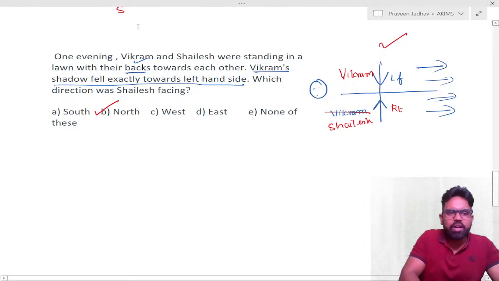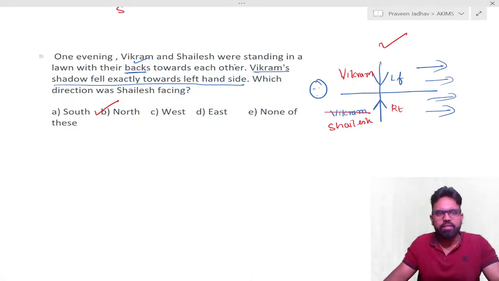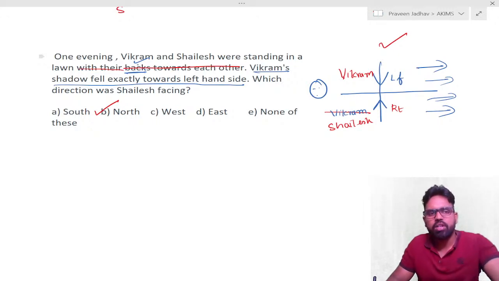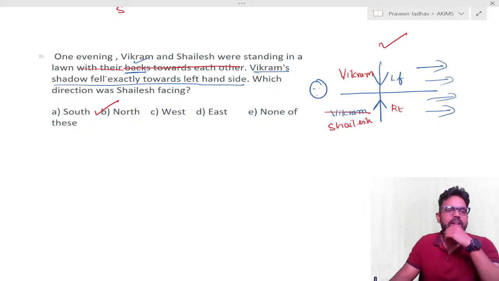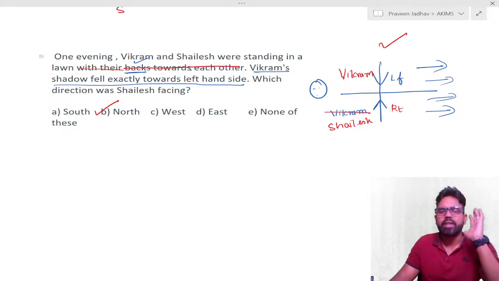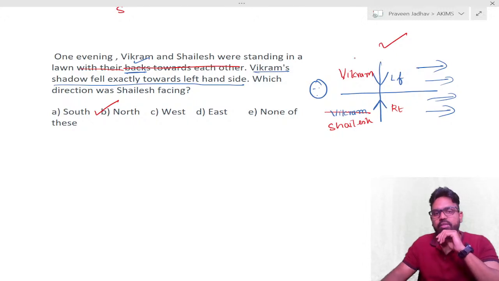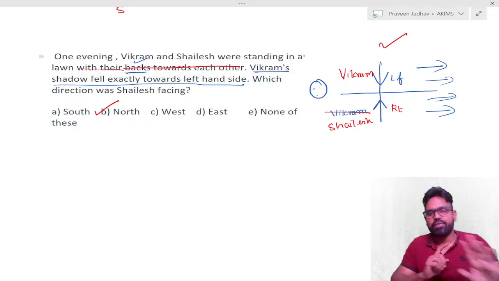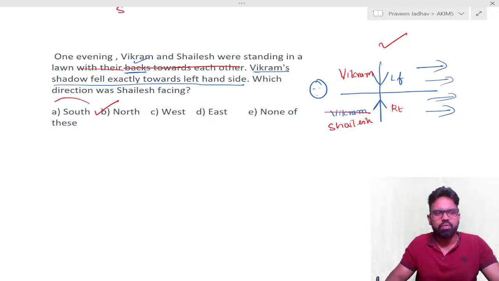If their backs were not facing towards each other, they were just standing in a lawn and talking face to face, then Vikram would be facing south, and south would have been my answer.